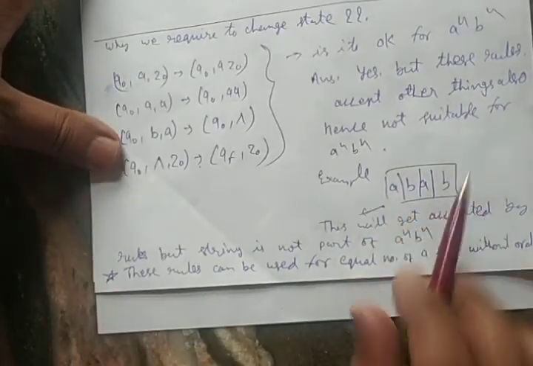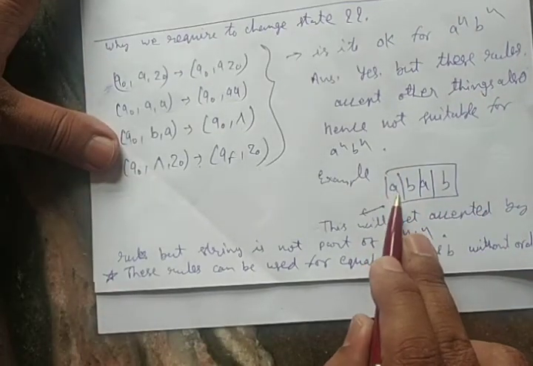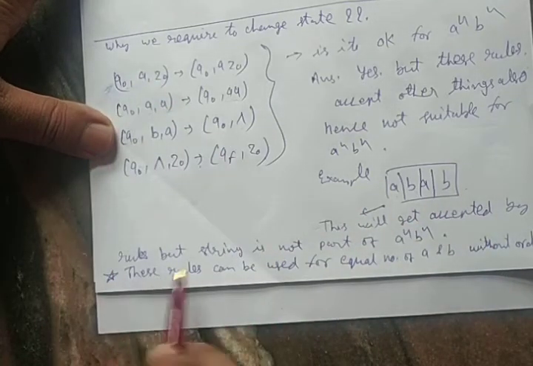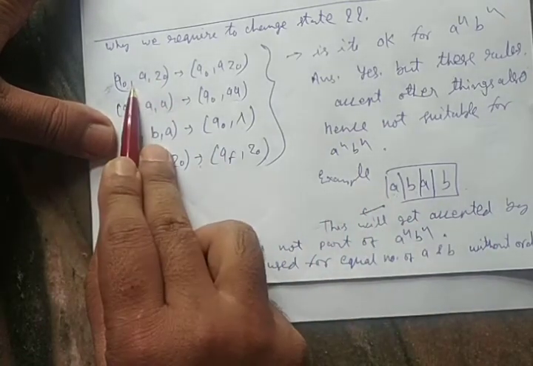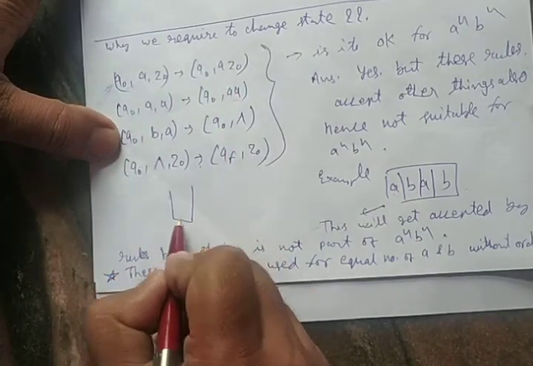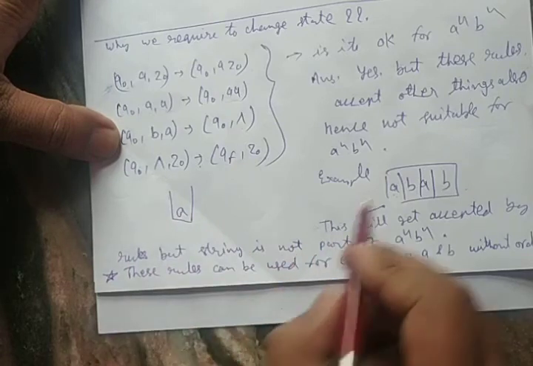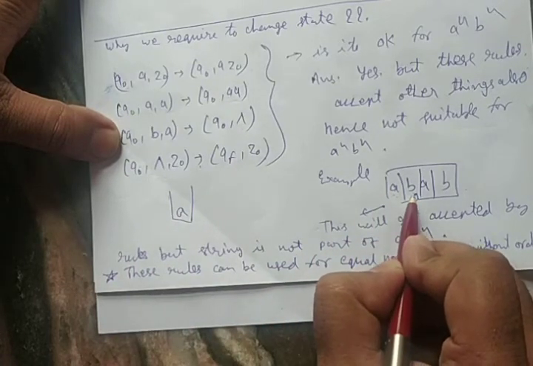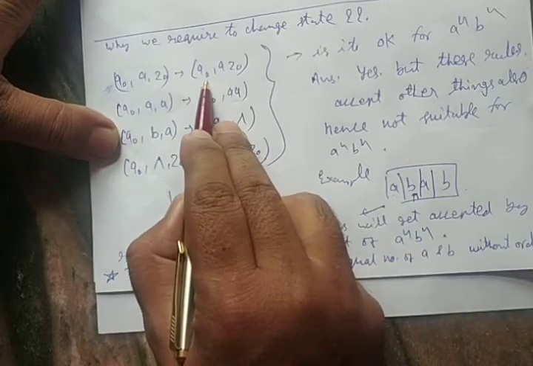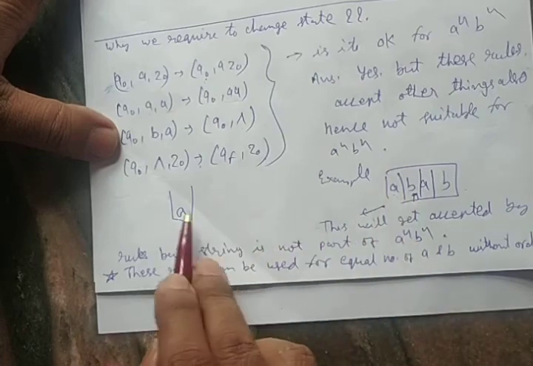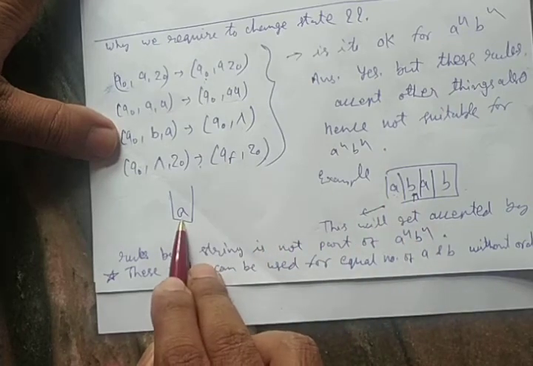Now let's take the example which I said earlier, A, B, A, B. Let's try to perform this. For the first A, my first rule will get deployed and A will get inserted. For B, my pointer is pointing to B, my state is Q naught, so I check Q naught, B, and top of the stack is A. What should I do?